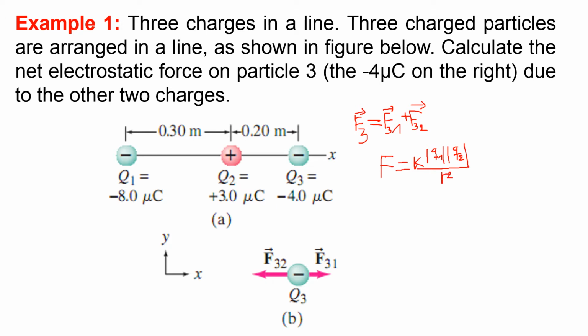Let us use indices I and J. The force between charge I and charge J is equal to K times the magnitude of charge I times the magnitude of charge J divided by the distance between I and J, and this distance is squared. This is the general formula for Coulomb's law.